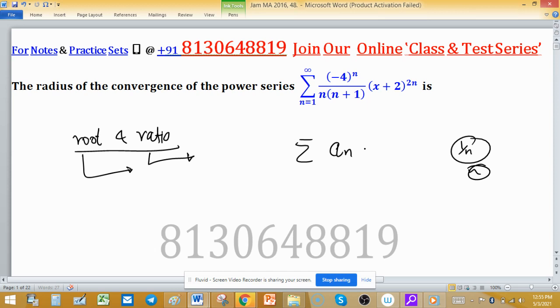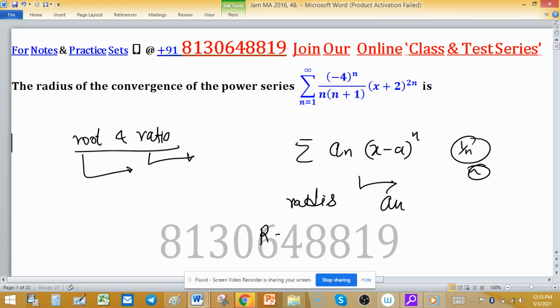Suppose this is a_n times (x minus a) raised to the power n. This is a power series around the point a. To find the radius of convergence, you take only a_n and apply the ratio test.